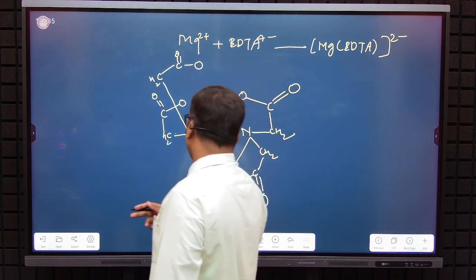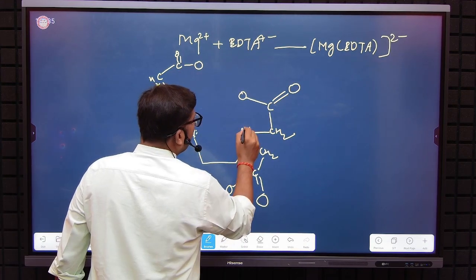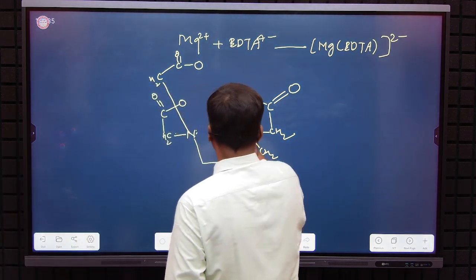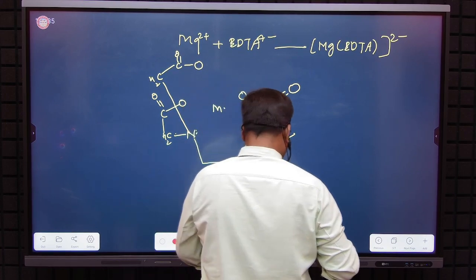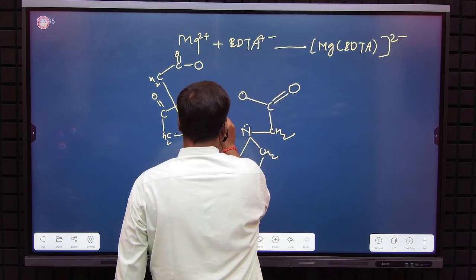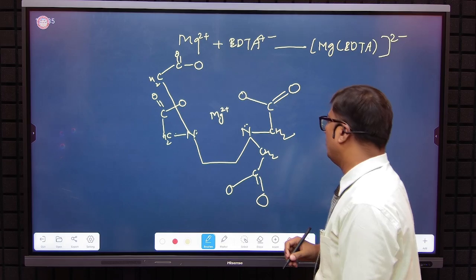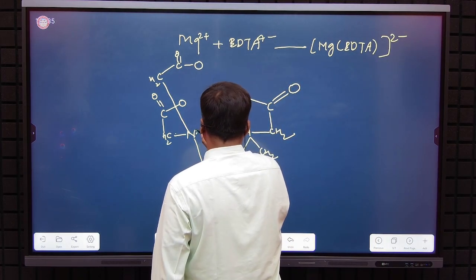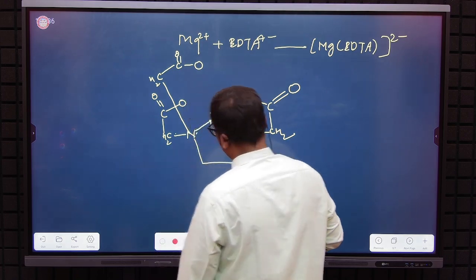So now this nitrogen has a pair of electrons, right? So if there is Mg2 plus present in the center of this ligand, right? So what happens? These two nitrogens can form a coordinate bond.